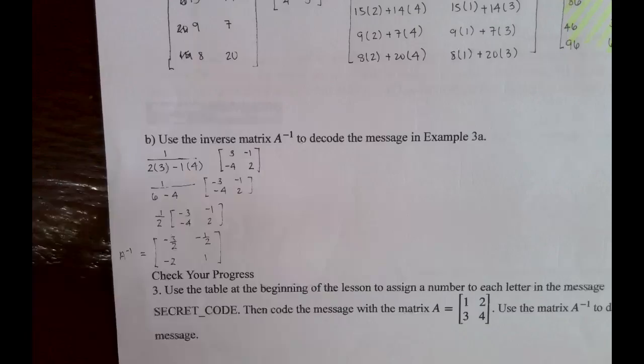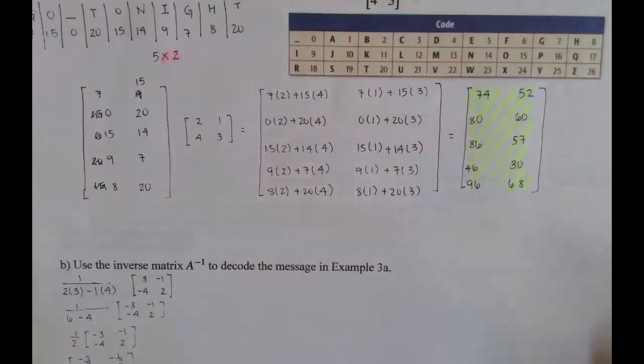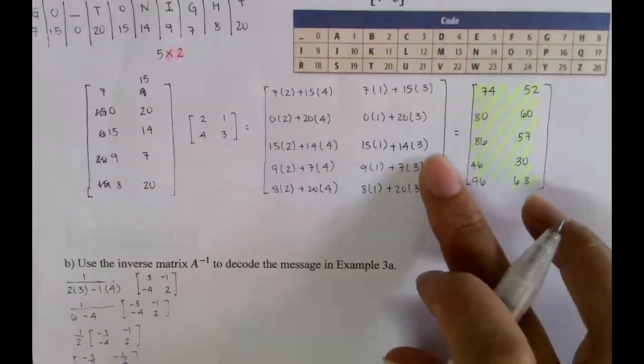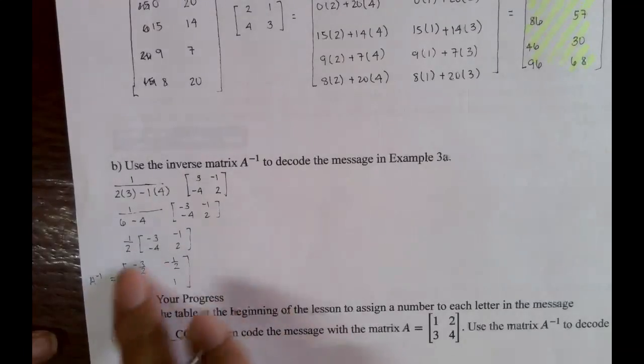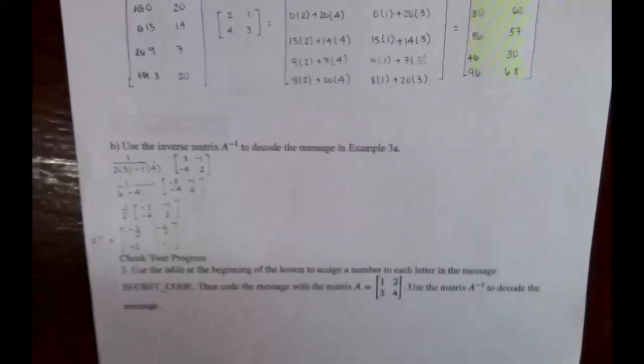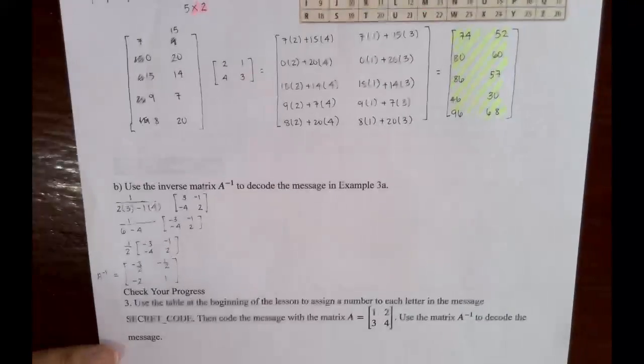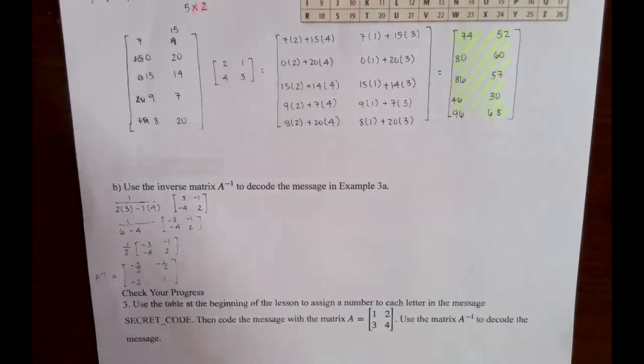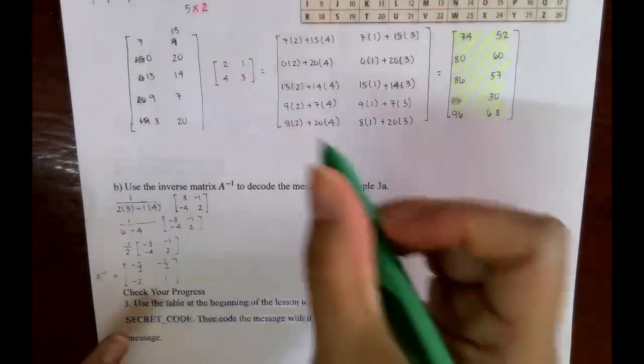Now I'm going to take my coded message and multiply it by my inverse to decode it. Let's zoom out a little. I'm going to do it in another color, especially since my pen is dying.